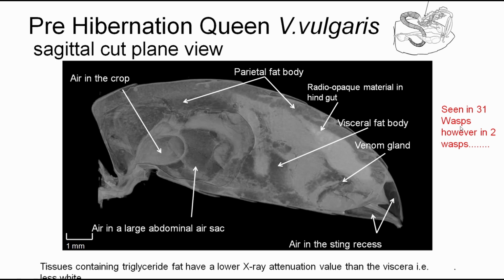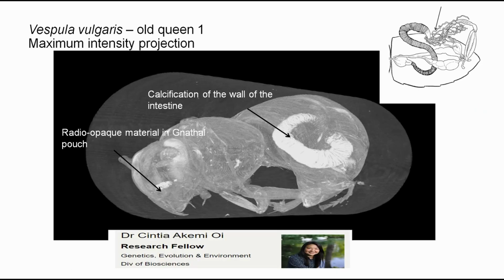wasps. However, I'm very grateful to Dr. Cynthia Oy and Professor Serian Sumner from University College London for permitting me to show two scans that they did on mature old queens who had established nests and were actively laying eggs.